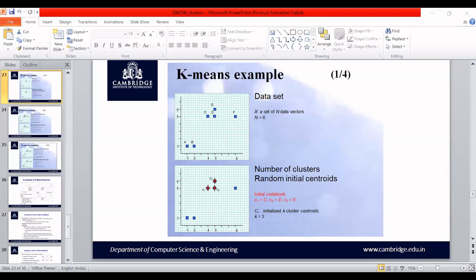We are taking the mean of the data points. So the new cluster centroid would be 1.25, which I have taken as 1.2, and 1.5.